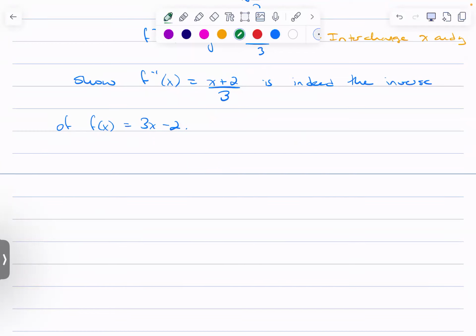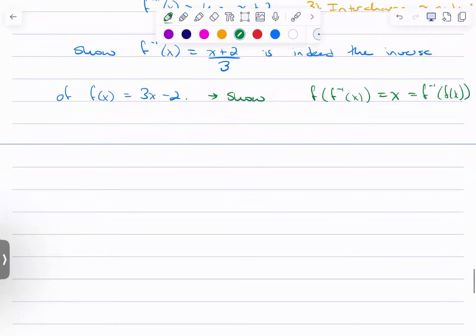That means show that f of f inverse of x has to equal x, and f inverse of f of x has to equal x. But both of those compositions have to equal x. So usually I like to do them side by side to save some space.